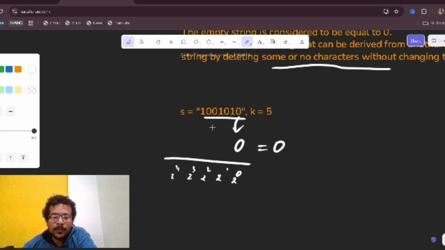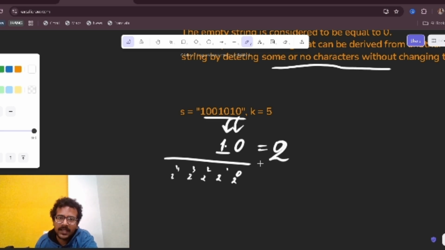So 0 into 2 power 0 is just 0. Now I got this 1. When I add this 1, I have the value as 1 into 2 power 1 plus 0, which gives us 2. But let us see, is this 2 less than or equal to k? Yes. Then we can just consider this 1.